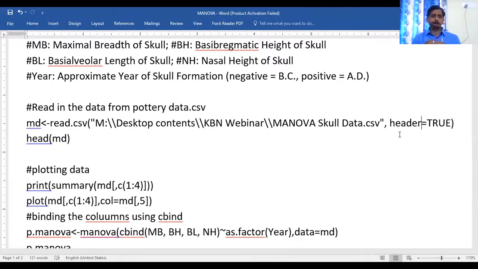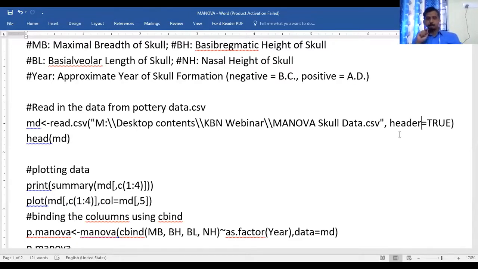The other form we have practiced these days is using the library readxl and the function read_excel, giving the working directory and choosing the sheet in which you have stored the data set.